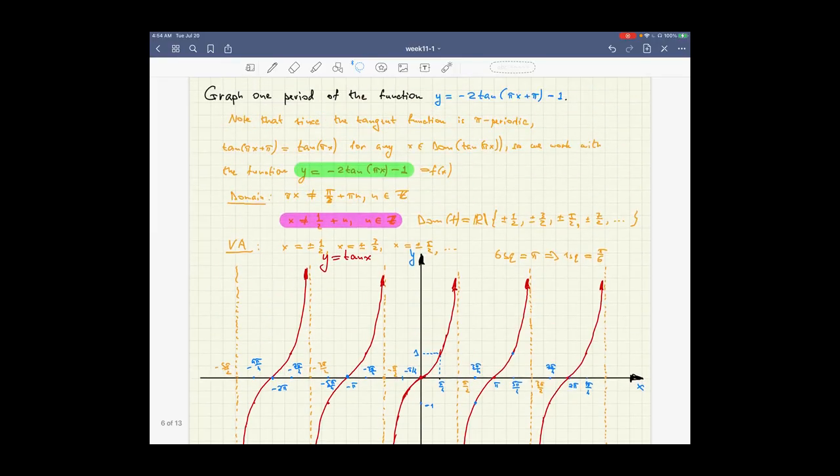And on the next step, I want to draw tangent of pi x. How will tangent of pi x be different from tangent x?